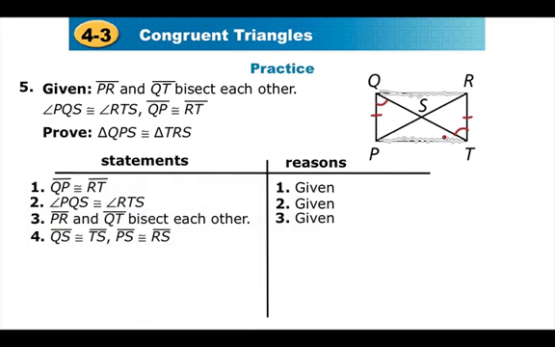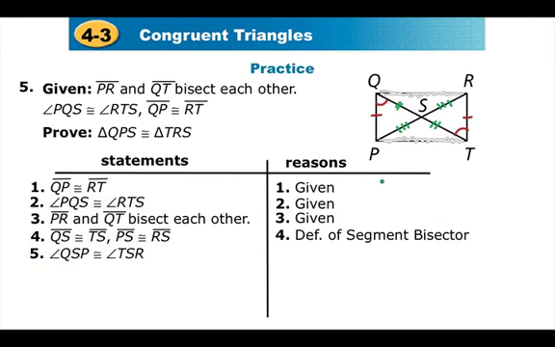So then I can say the following. Change the color. Excuse me. This segment is congruent to this segment, and this segment is congruent to this segment. This is by definition of a segment bisector. Then I can say that QSP is congruent to TSR, and I'm talking about this angle is congruent to this angle.